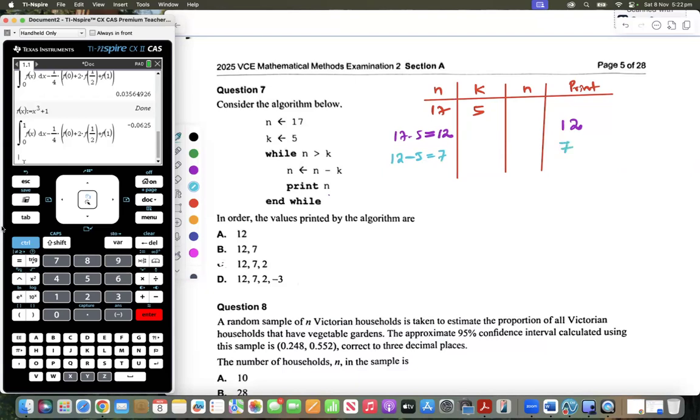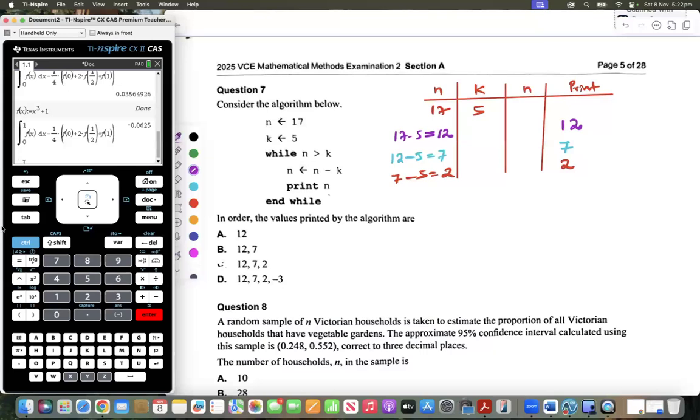I'll go back to the condition check. So in the third round, your value of n is 7. 7 take away k, which is 5. Value is 2. So n will be 2. 2 will be printed. 1, 2, 3. Then it goes back to the loop.